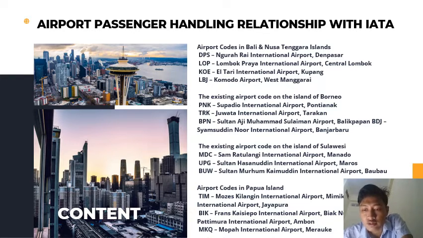And next, still in the domestic area, especially in Indonesia, there are airports in Bali and the Nusa Tenggara Islands, airports in Borneo, airports in the Sulawesi Islands, and the Papua Island.